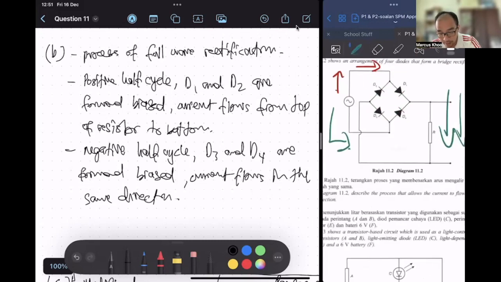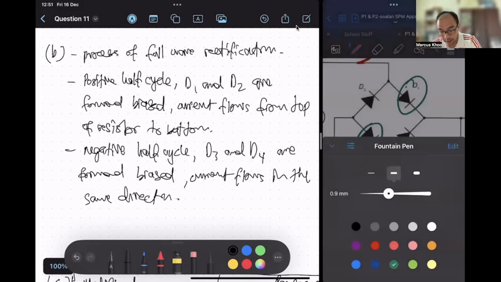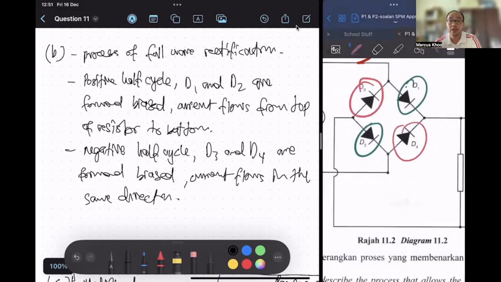I hope I'm reading this number correctly though. Yeah, the first half cycle is D1 and D2, and then the second half cycle is D3 and D4, which both of these are forward bias.